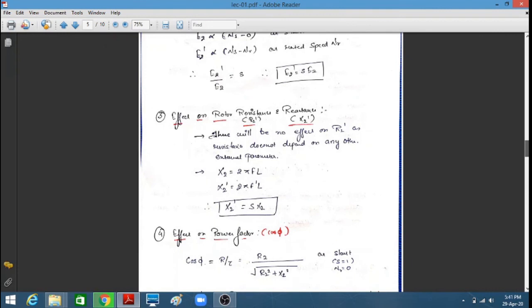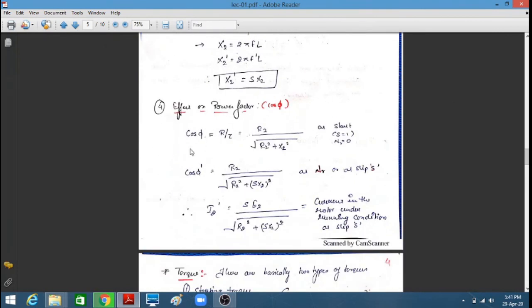And the final effect is on power factor. As you know, in a circuit, power factor is R upon Z, as we can draw from the power triangle. So cos phi is equal to R upon the square root of R squared plus X2 squared. R does not depend on slip, but X2 depends on slip directly. So instead of X2, it must be s times X2.